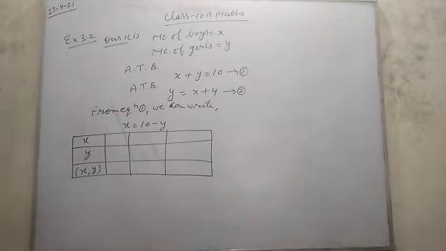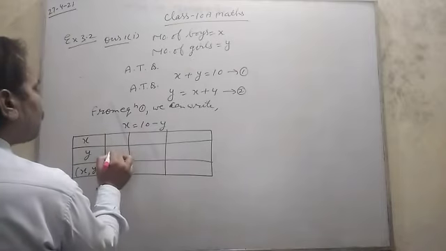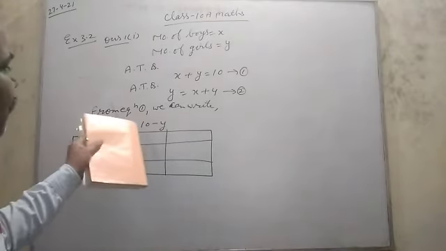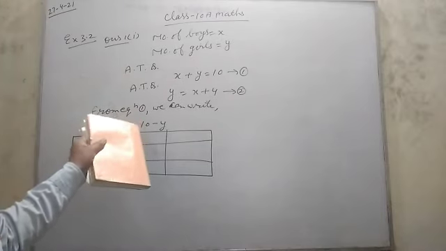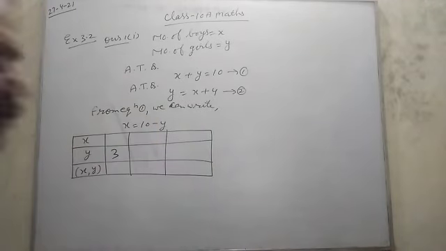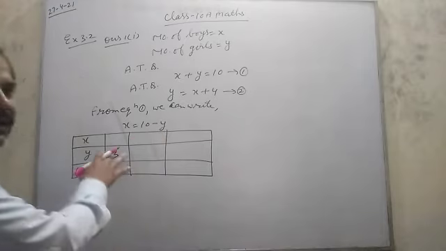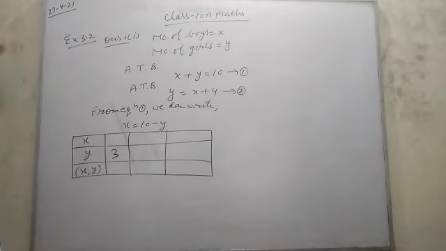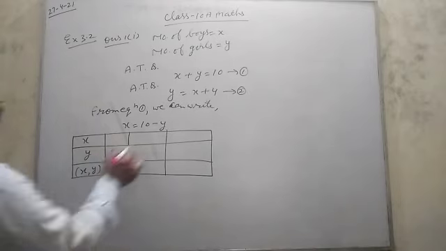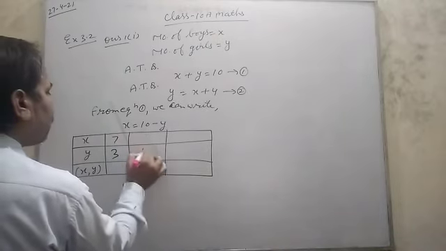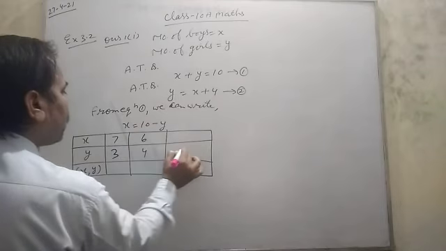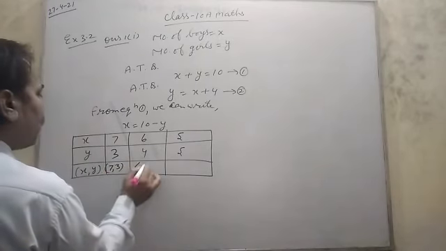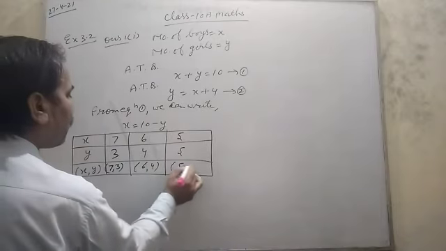Then put y values. It is not fixed; the values are small, so y is also small. Put 3: 10 minus 3 is 7; 4: 10 minus 4 is 6; 5: 10 minus 5 is 5. So (7, 3), (6, 4), (5, 5).